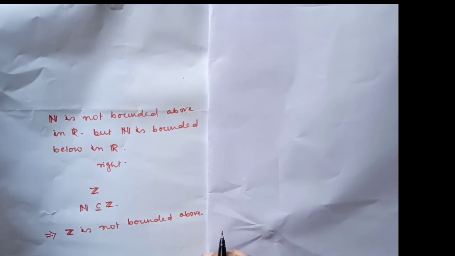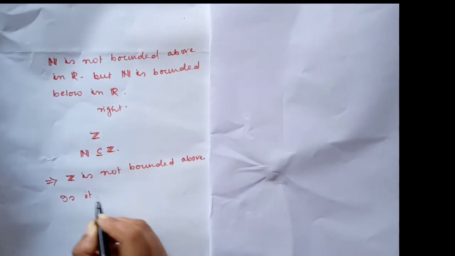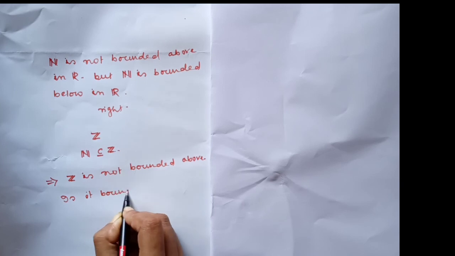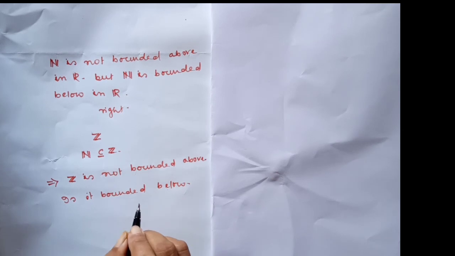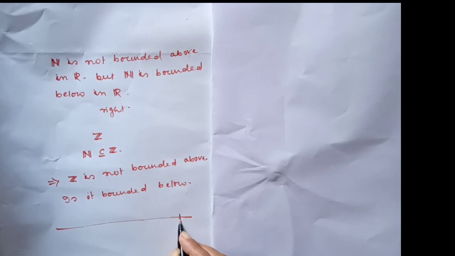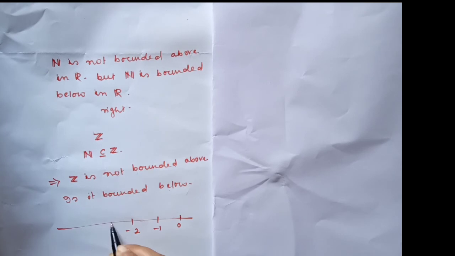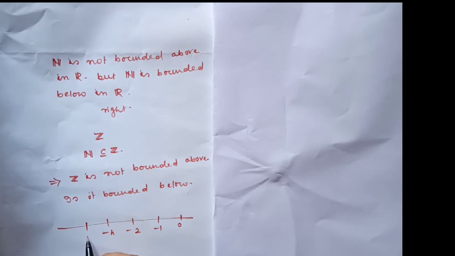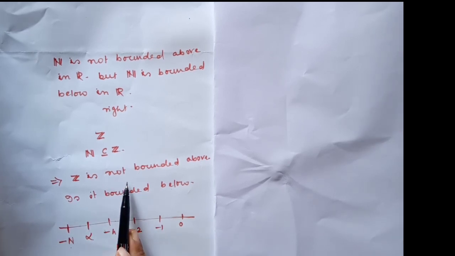Next, is it bounded below? Let's look at the picture. This is 0, this is -1, this is -2, this is -n. If alpha is the greatest lower bound, then there exists -n which belongs to Z below it.